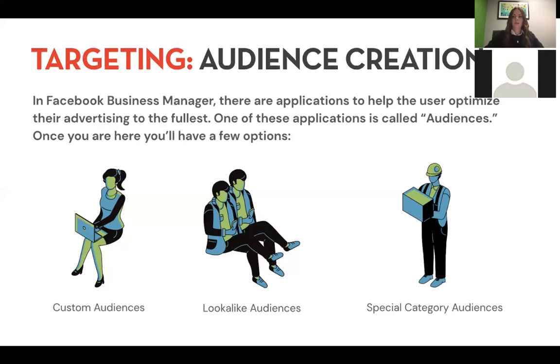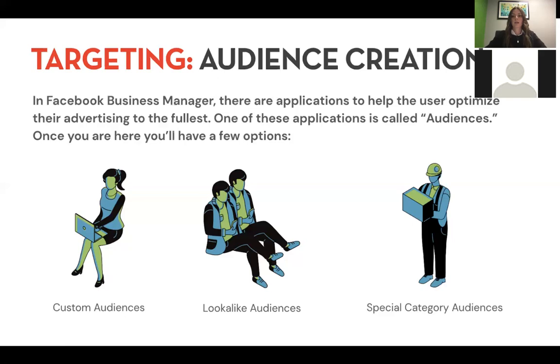And the last audience option that I want to talk about is the special category audiences. This audience option is to ensure equal opportunities for advertising to people within specific categories. Facebook requires these when we're advertising for employment opportunities, housing opportunities, credit opportunities, or social issues.